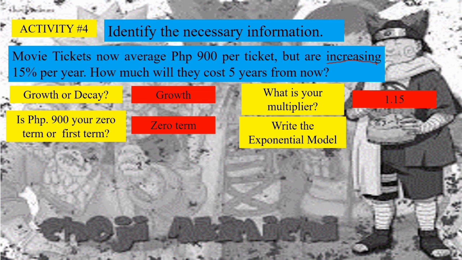So, susulat natin using the y is equal to ab raised to the power of x. So, alam naman natin ang a natin, ito yung initial. So, that is 900. Tapos, your b, so 1 plus 0.15, that is 1.15 raised to the power of t. So, ito ang exponential model natin.